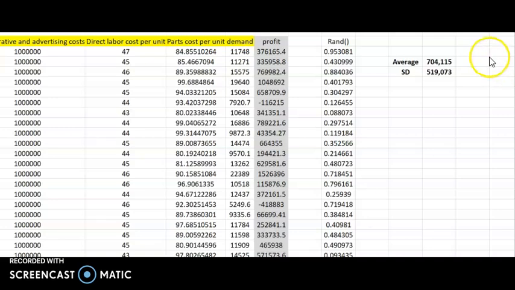You see now the final calculations for average and ST, and as we predicted, the standard deviation is a large number because you can see some of the simulations that generate $1 million profit, and also you have some that generate minus $400,000. So it means that the situation is very volatile and the investor should be careful.